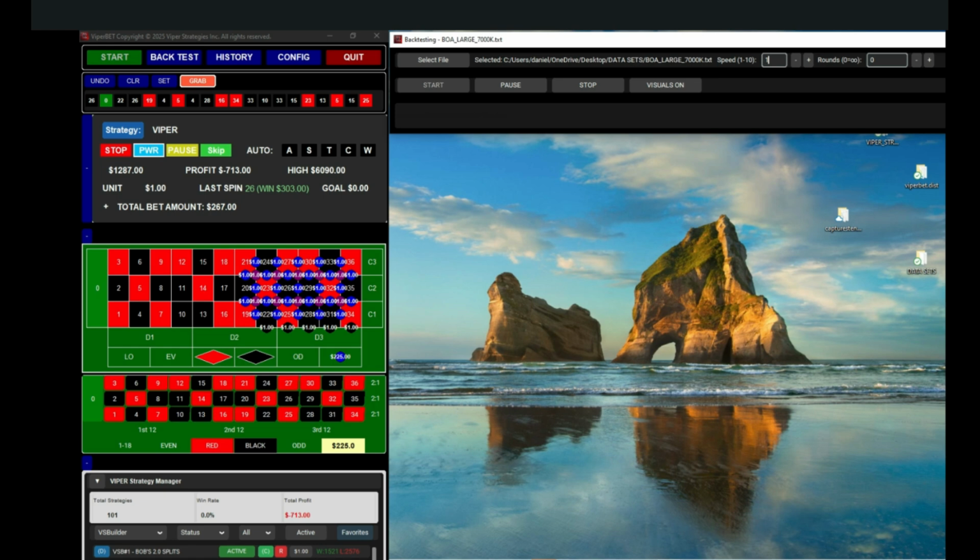Knowing your system's behavior under extreme conditions gives you that peace of mind, okay? But it also gives you an idea of how it's going to perform. So if you see on average through some of these test runs that it only goes down about $200, well, guess what?